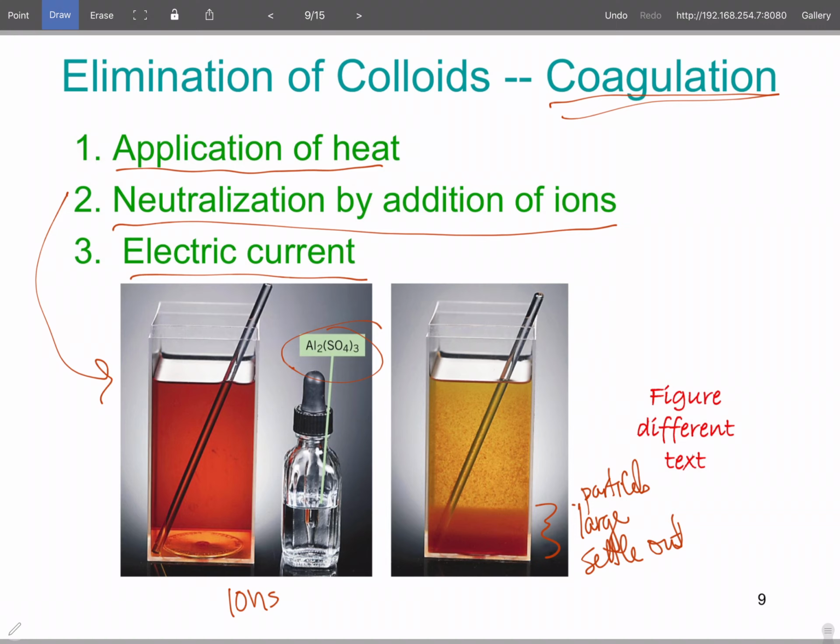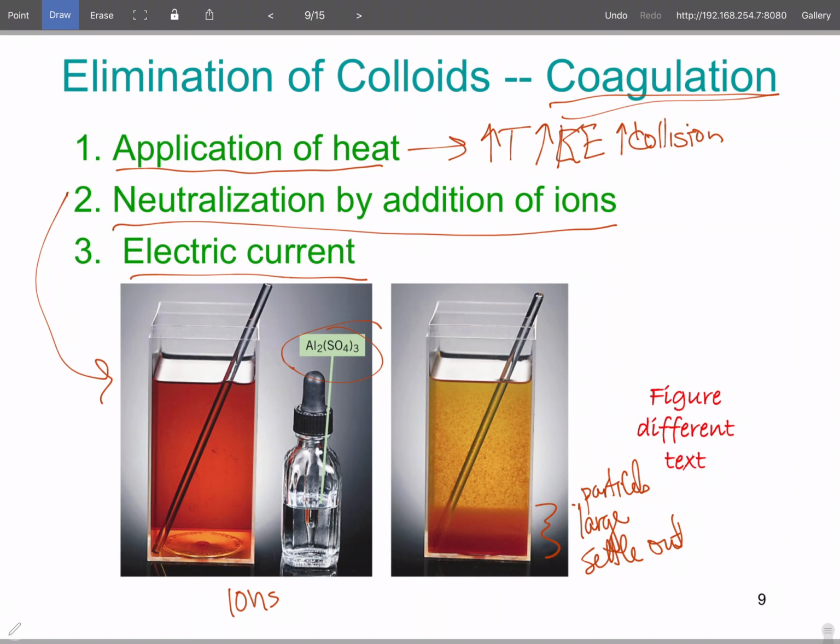The second one. Let's go back to heat. Well, think about it. If you increase the temperature, you're going to increase the kinetic energy. You're going to increase the collisions of the particles. Well, think about it. If two bumper cars collide, they're the same weight. They're going to bump off each other. But what happens if somebody snuck in a small tractor?